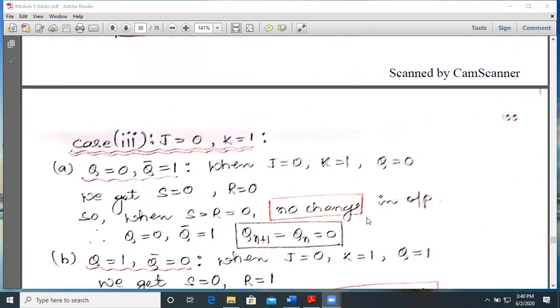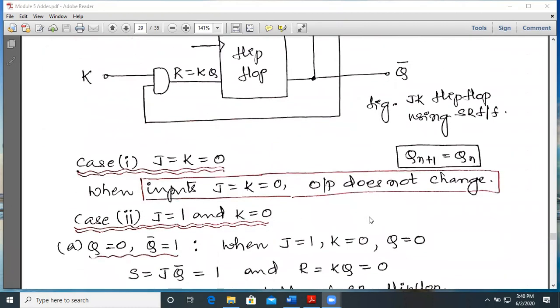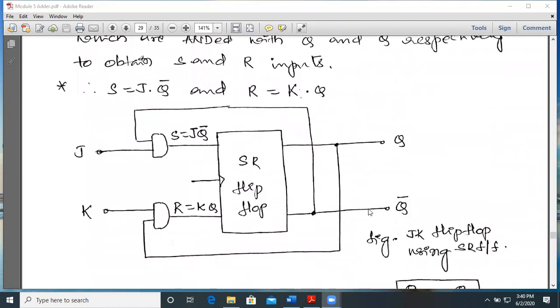Now let us see the last one, which is very important because it is going to overcome this one. Here, let us take both the inputs as 1. Here also it is 1. When both J and K are 1s, we cannot do the analysis directly.